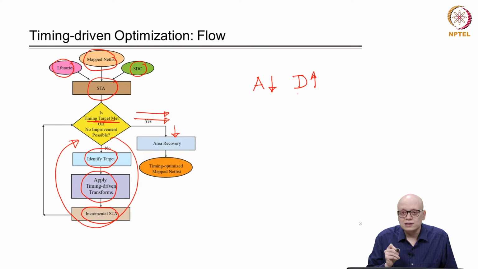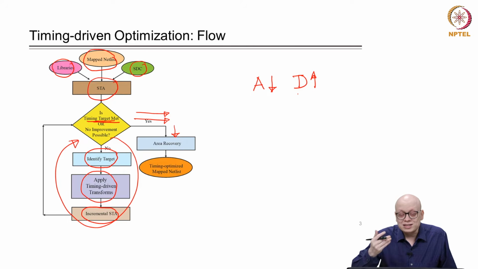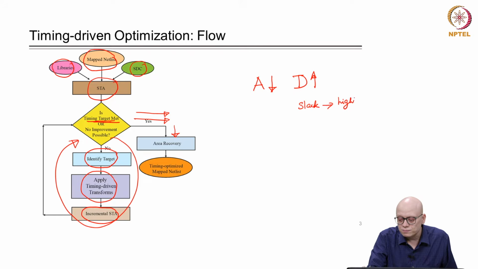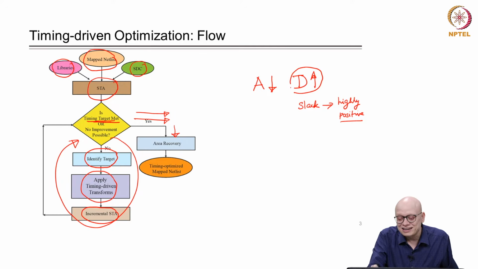If in a portion of a logic cone the timing profile has improved such that the slack is highly positive, it means that we can afford to increase the delay, and as such we can also improve the area.